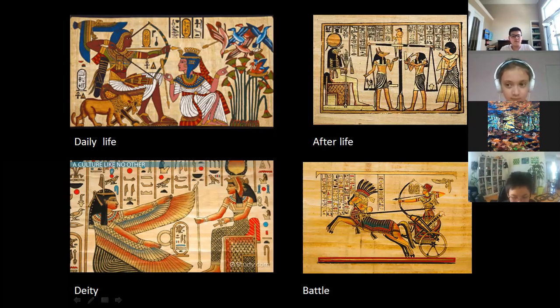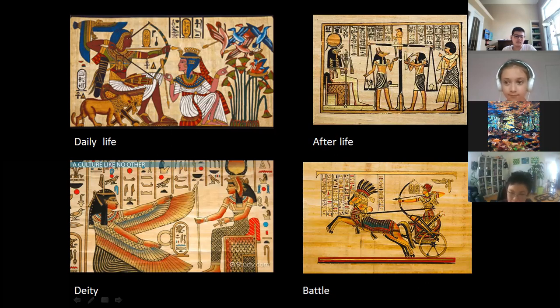And the final topic that we see a lot is the battle, which means war. In the paintings about war, we can see a lot of things like animals, mostly horses. They are driving some chariots, and also we see a lot of warriors, commanders, their weapons, their uniforms, a lot of things.